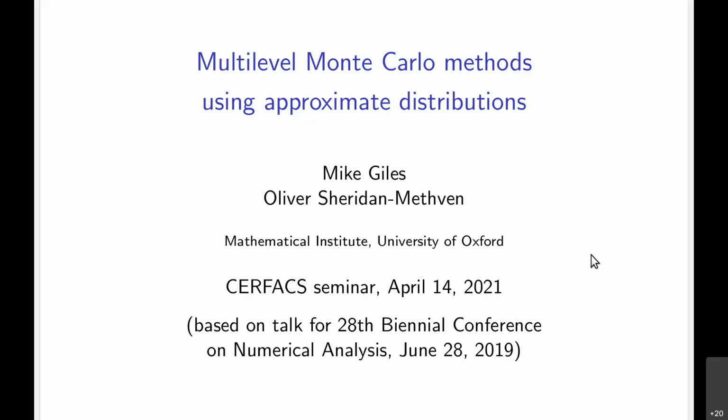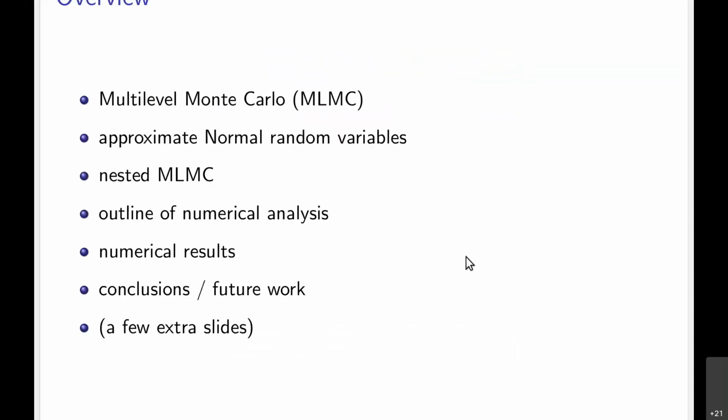I suspect quite a few people in the audience probably know about multi-level already. If not, don't worry, I will be giving an introduction as I get into this talk. Okay, so that's the overview. Oh, I should also say that I've put these slides online on my webpage where I give all of my talks, so you can get those there.